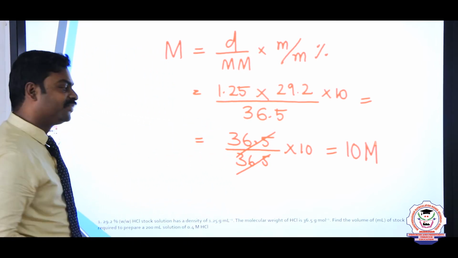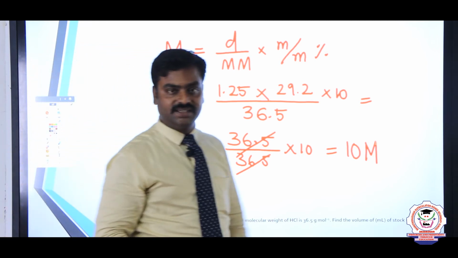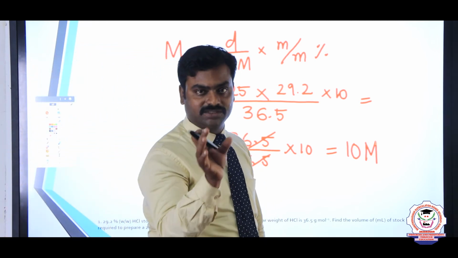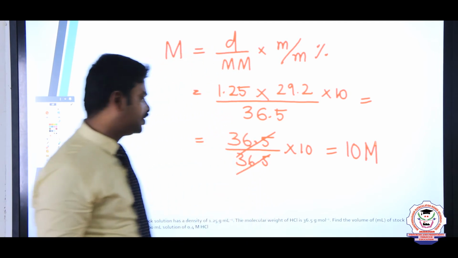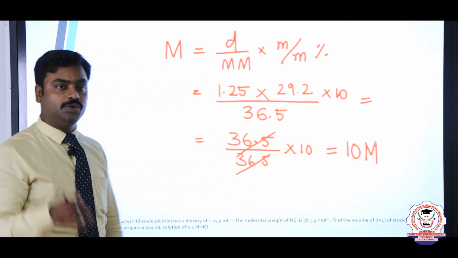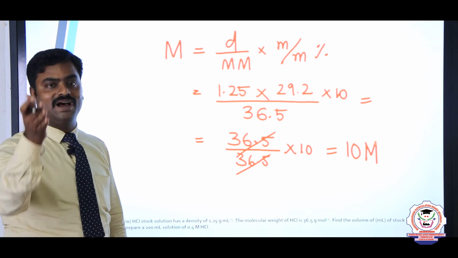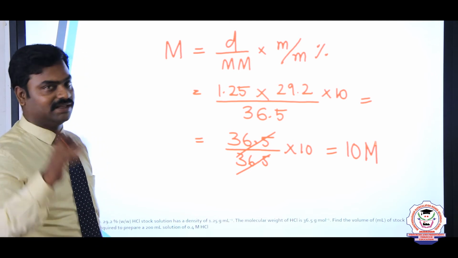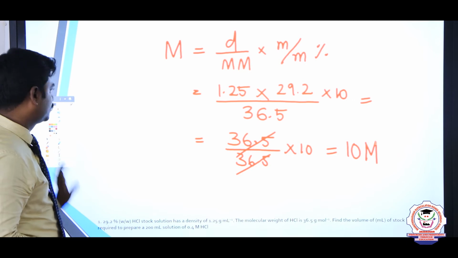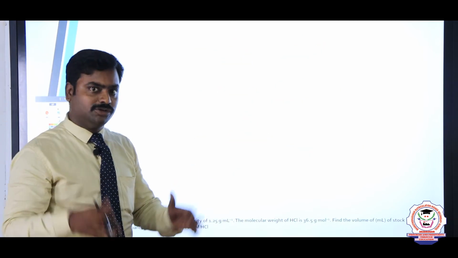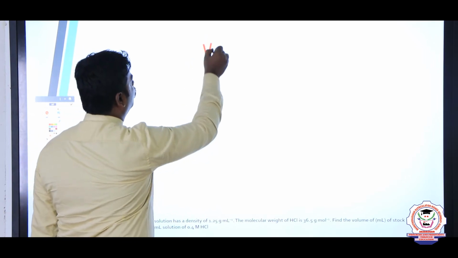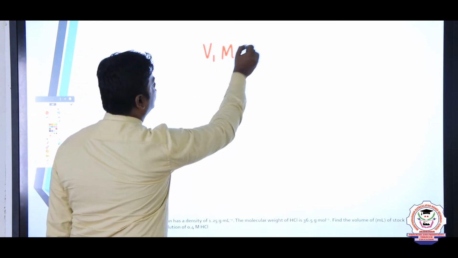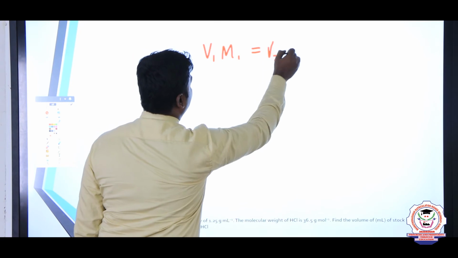Okay. Now they have asked another question. What is it? They are going to dilute a solution into a particular volume. When they dilute the solution, they must be getting 200 ml of 0.4 molar HCl solution. See, for dilution, we can use a formula, that is V1 into M1 equal to V2 into M2.